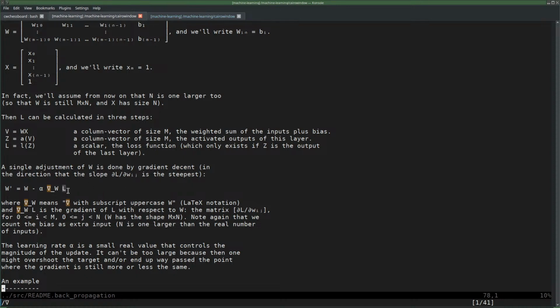So here the L is a loss function. Maybe I should call the thing also L. I just copy as much as possible from this.